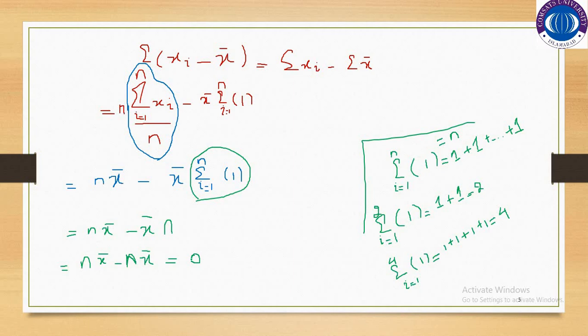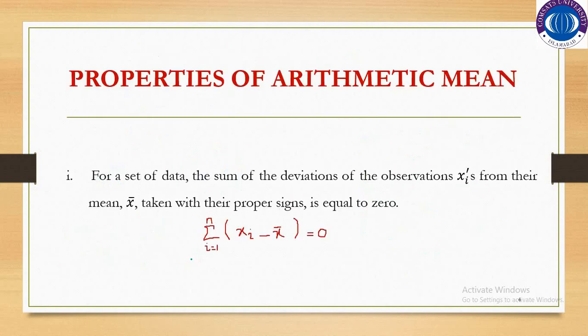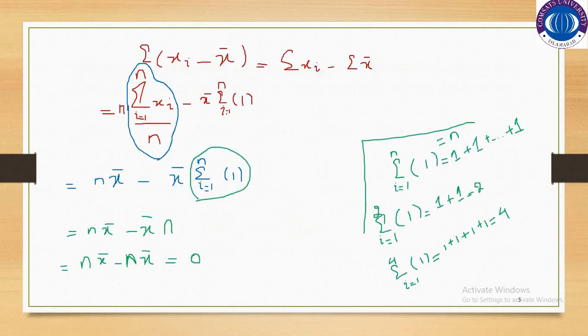So mathematically we have proved that summation xi minus x bar will always be equal to 0. You can also prove this numerically, by taking some observations, finding their mean, and then summing all the deviations over them; the answer would definitely be equal to 0.